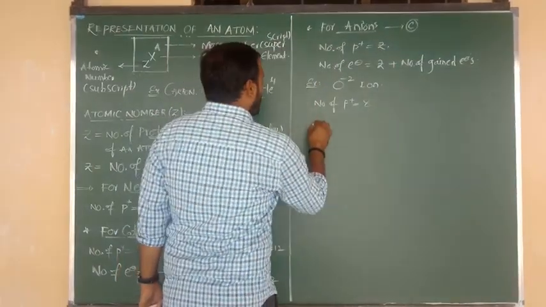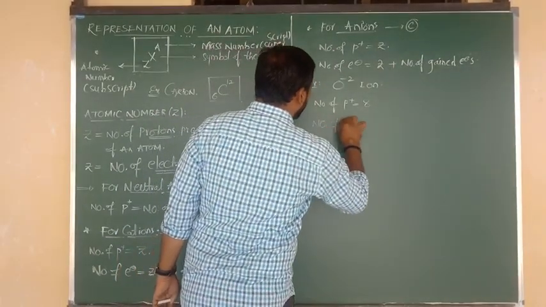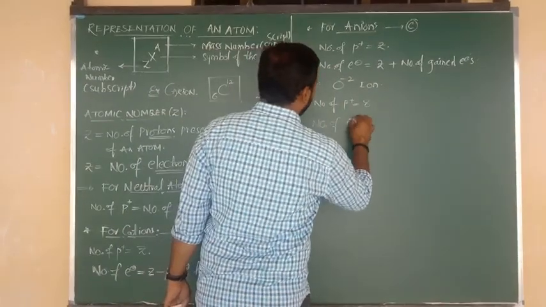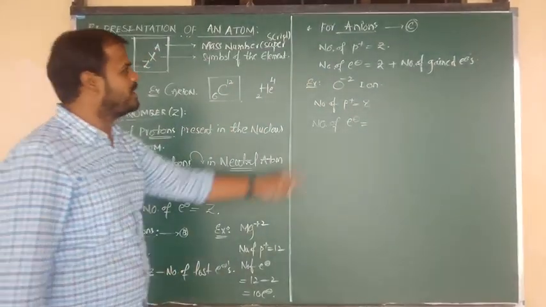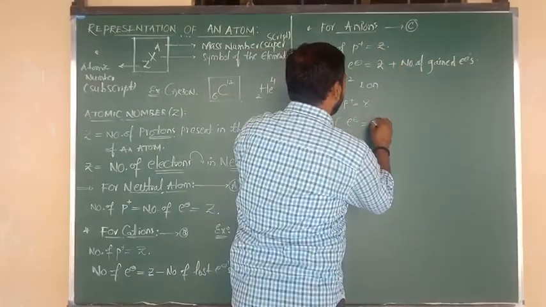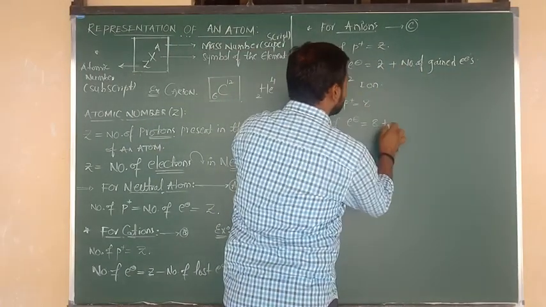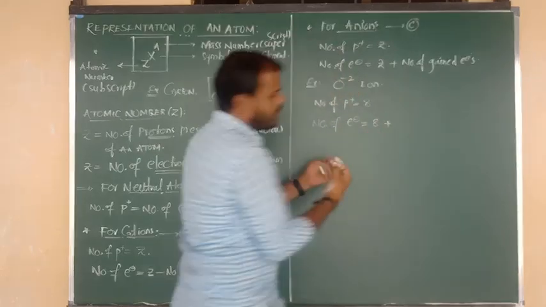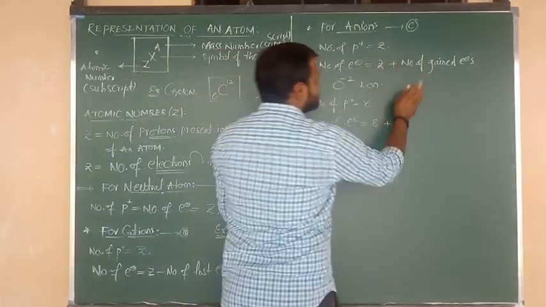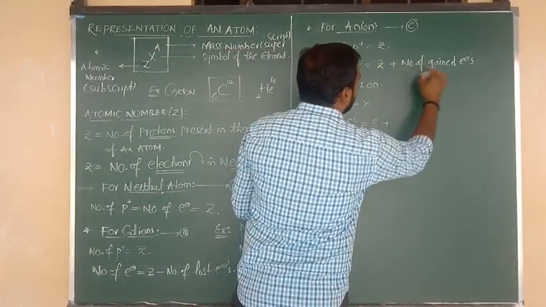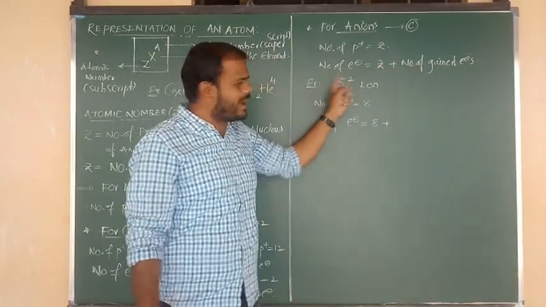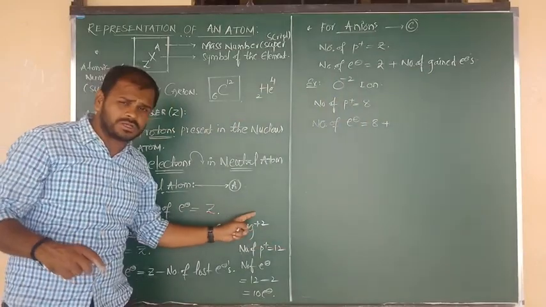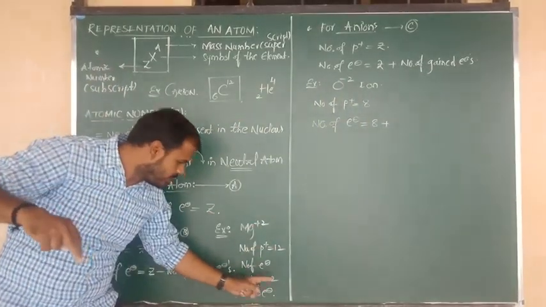Very good. Next, we have to focus on the number of electrons. Number of electrons, E minus, is equal to Z plus the number of gained electrons. The Z value of oxygen, the atomic number, is 8. Listen, Mg plus 2 means it loses 2 electrons.